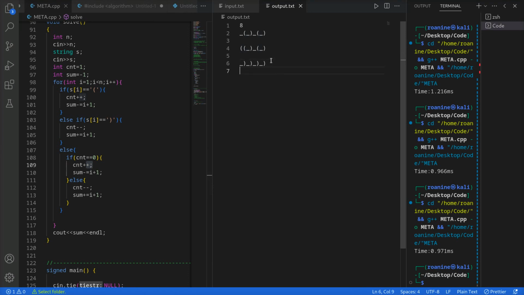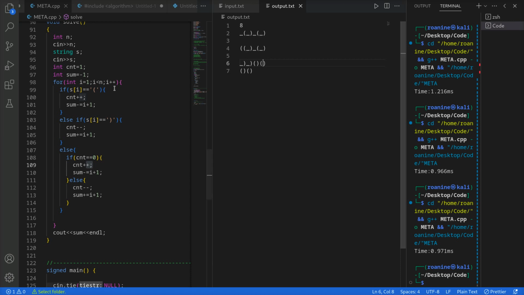If we consider this, first this will come, then there would be this. At this point the count would be 0, so we can start a bracket right here. Then again the count would be 0 here, so we can again open a bracket here, and again here.